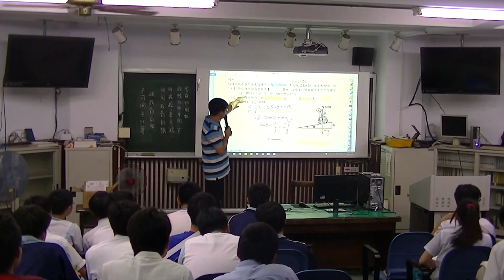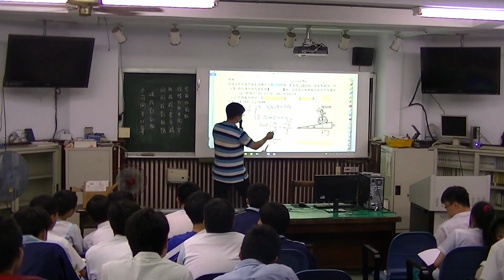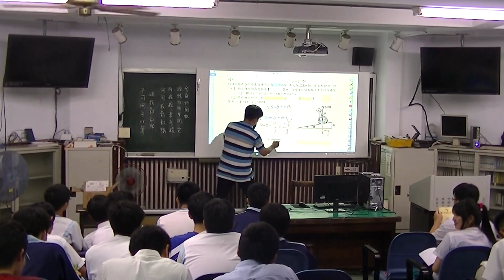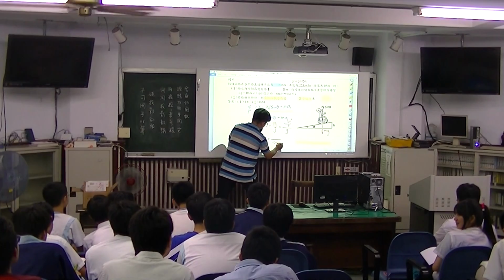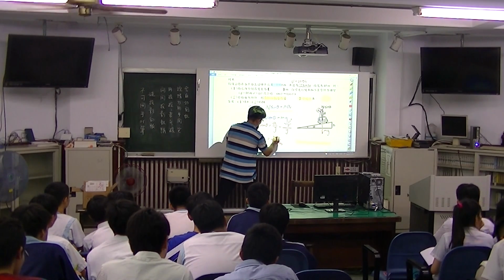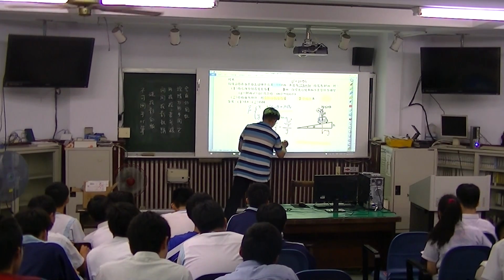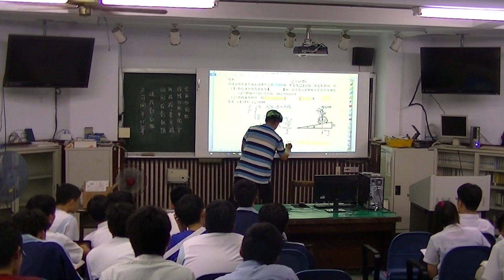The g is 10 meters per second squared, the radius is 1,000, and the velocity is 20 squared. So finally we can get the result.